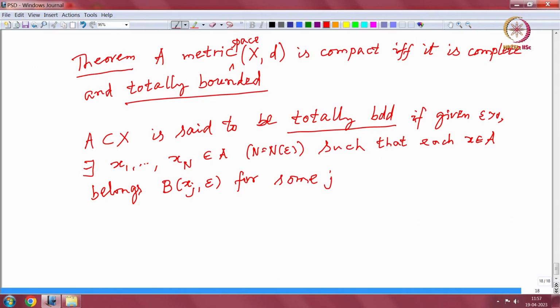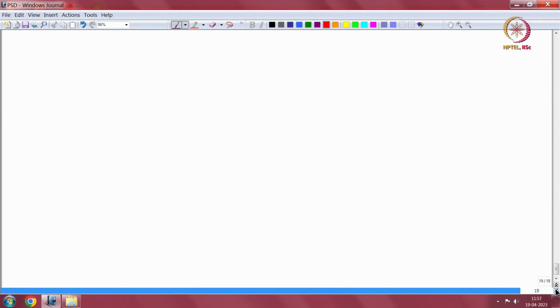But this statement is for a general metric space. So how do we transform this notion of total boundedness in a specific situation? Suppose, for example, we are studying LP spaces. How do you translate this total boundedness in terms of the topology of LP omega?